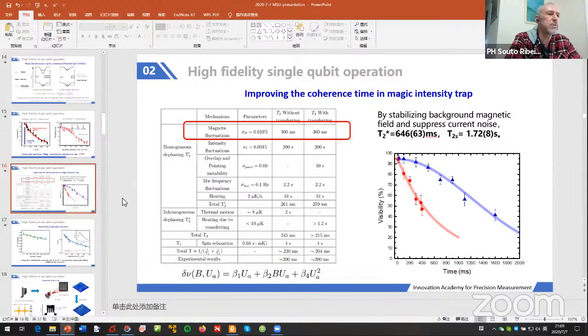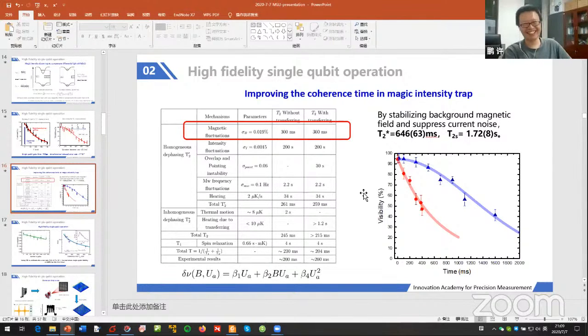It's very nice to see that there are some other possibilities besides superconducting stuff and trapped ions, and so on. My question is more or less along the same lines as the question Xiao Song asked first. So far you have addressed the atoms by frequency tuning. Is that correct?